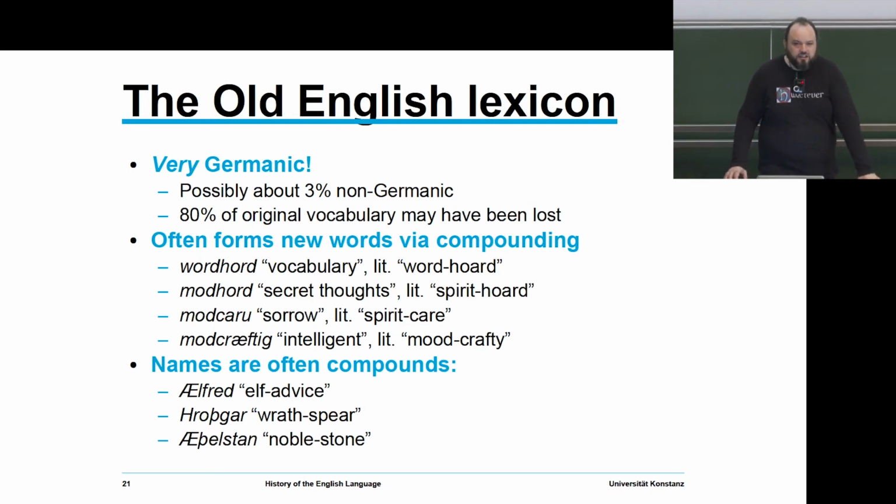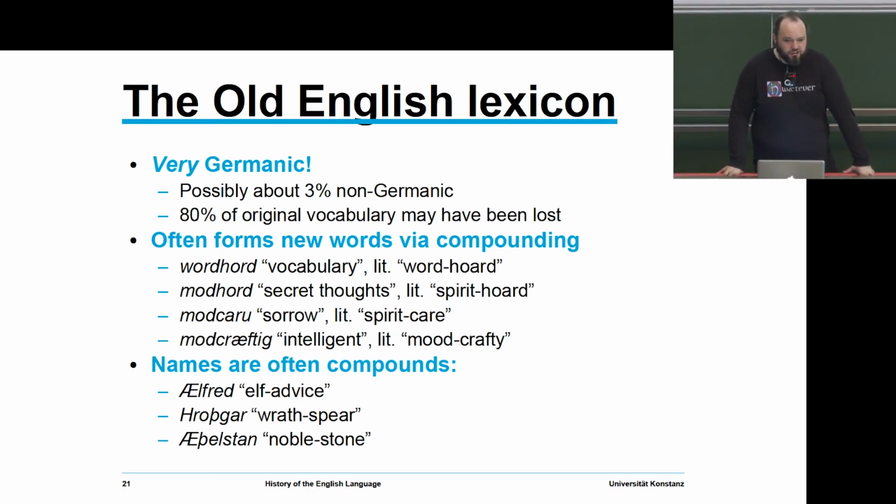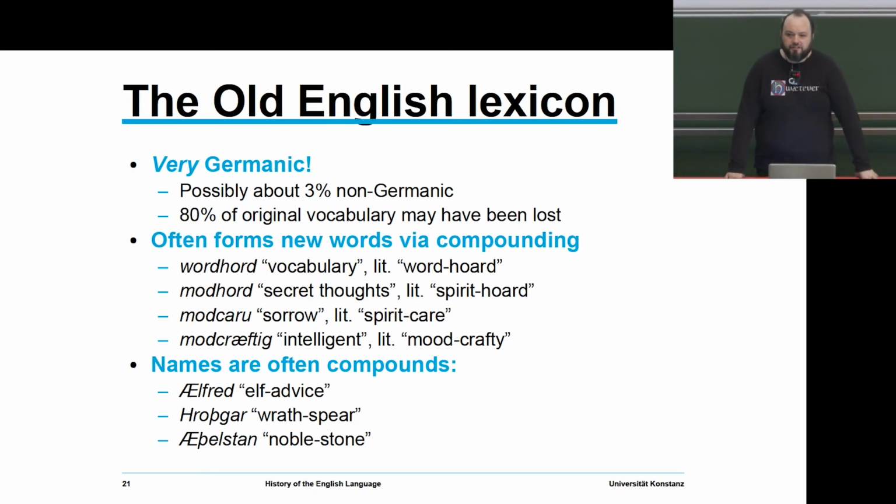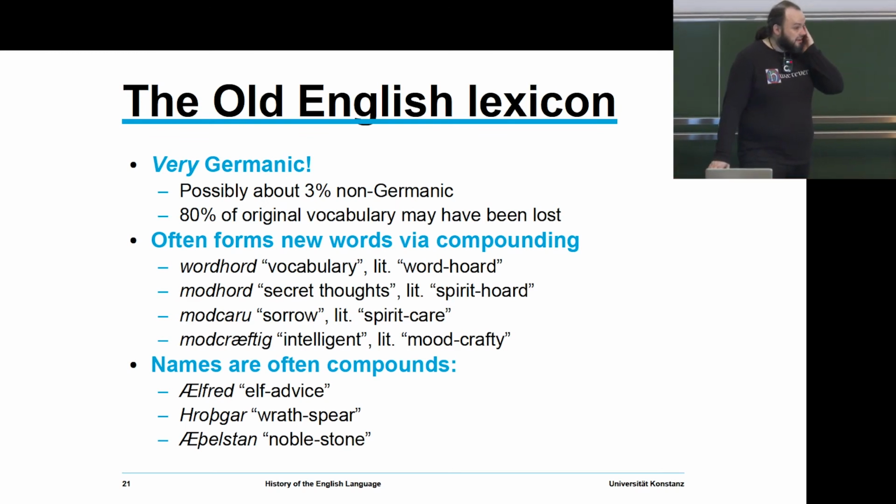And one thing that you see in Old English poetry, I'm not sure I've got a slide on this, but in Old English poetry, you get a lot of very, very creative compounds being used. So for instance, the sea, because there's quite a lot of talk about the sea in a poem like Beowulf, they don't just repeat the word sea, sea, sea. They use different compounds to express the same meaning.